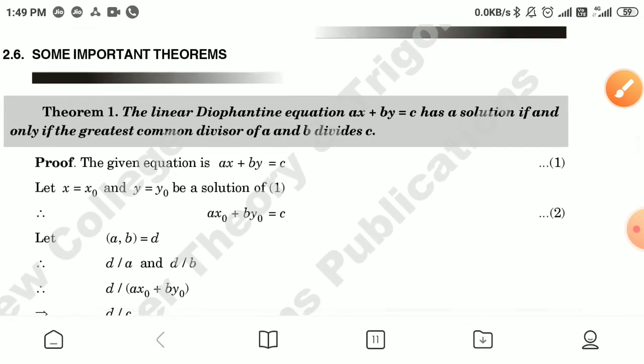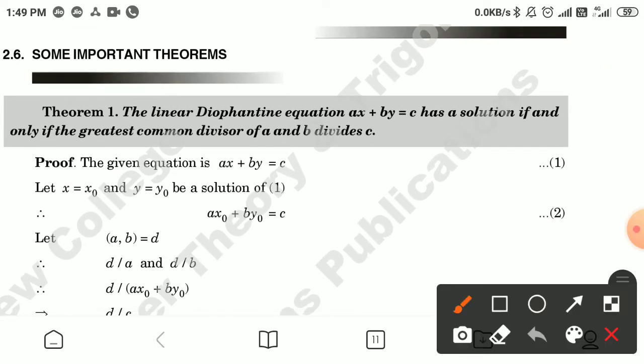Some important theorems. The first theorem: the linear Diophantine equation ax plus by equal to c has a solution if and only if the greatest common divisor of a and b divides c. Proof: the given equation is ax plus by equal to c, marking this as number 1. Let x equal to x naught and y equal to y naught be a solution of the first.